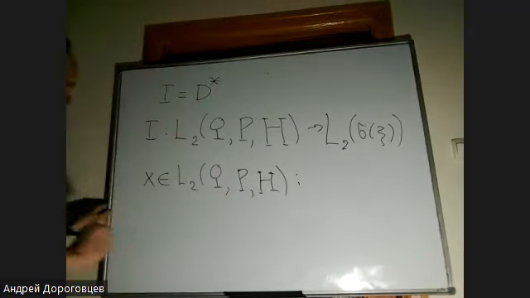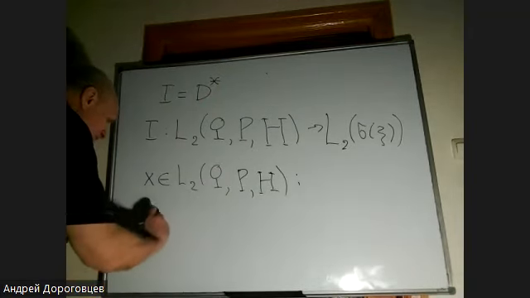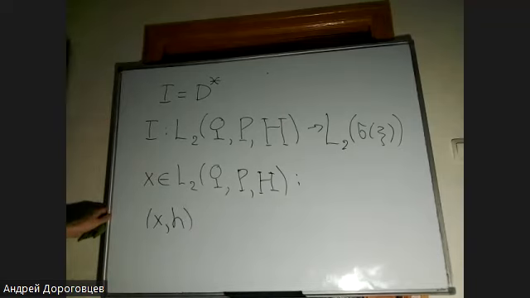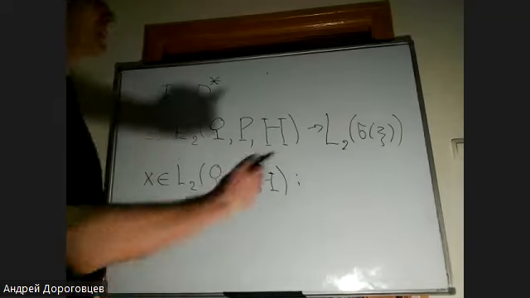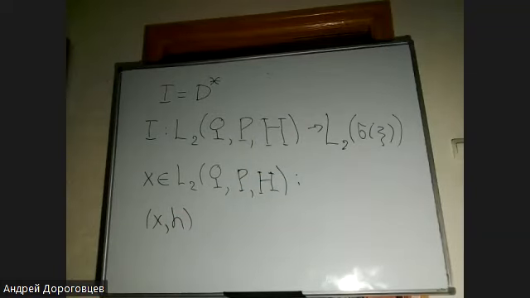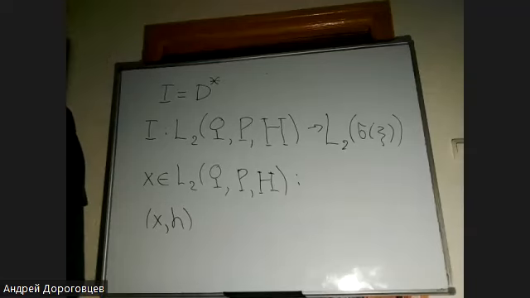I'm sorry. What is the sigma algebra in the space L2 omega pH? The same sigma algebra, psi. The difference is only that these are values in H or in R. Yes, this is just a matter of notation.